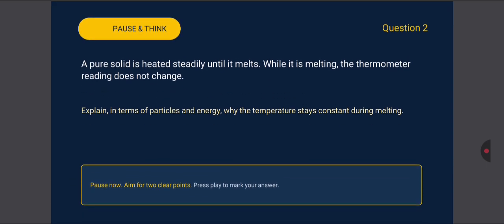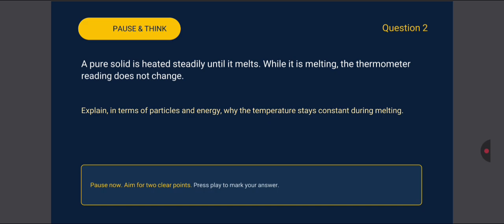Now, I'll have you pause and think. Unfortunately, I think I sent you the template which doesn't have the answers, but anyway, those answers will be provided. Now pause and think. A pure solid is heated steadily until it melts, while it is melting, the thermometer reading does not change.